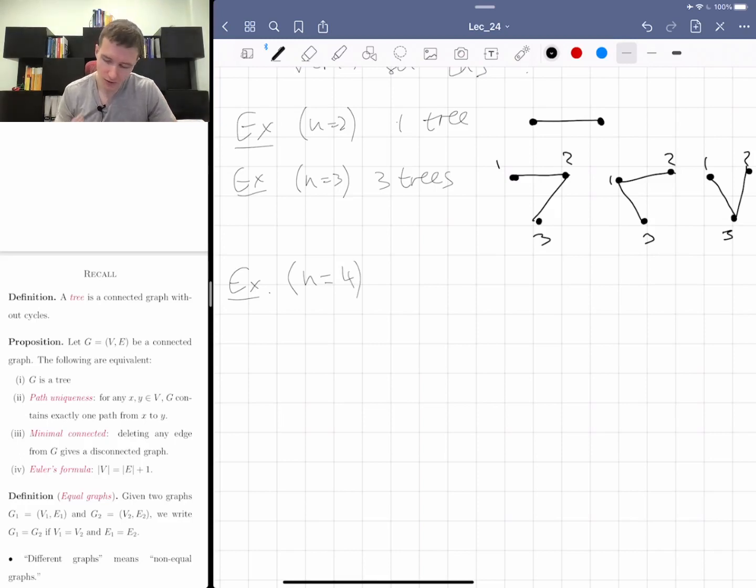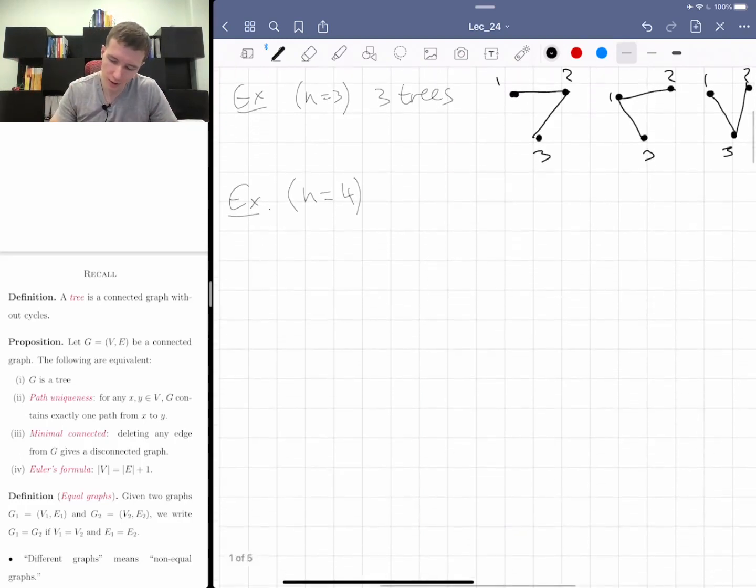So for n equals 4, if you forget the labels, then there are basically 2 types of trees. There's either a path or a star like this.